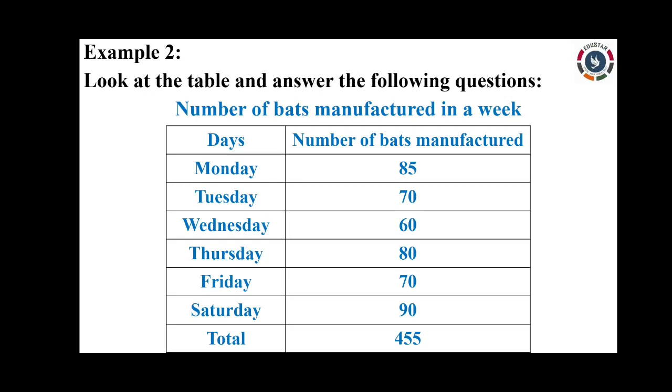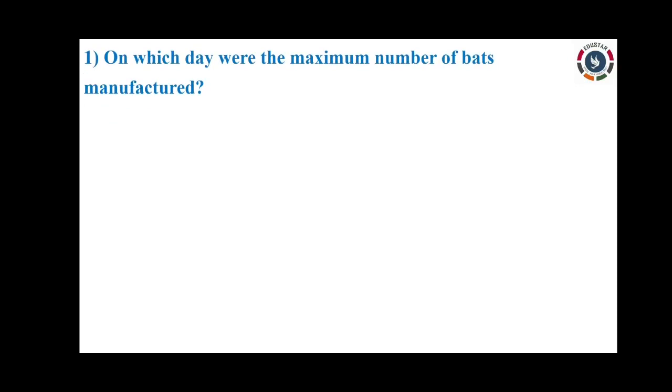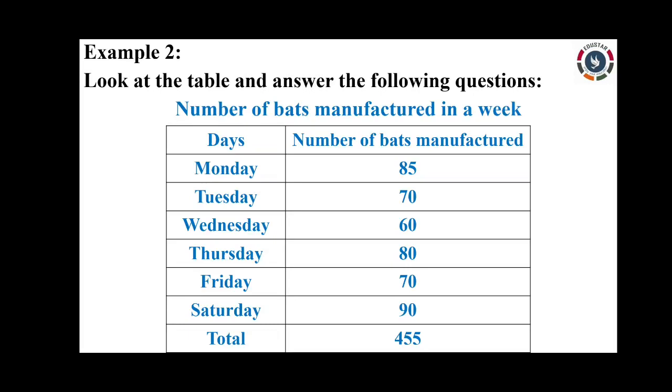To answer the following questions, observe the table clearly. First question. On which day were the maximum number of bats manufactured? Look at this table. On Saturday, 90 bats were manufactured. Compared to other days, more bats were manufactured on Saturday.